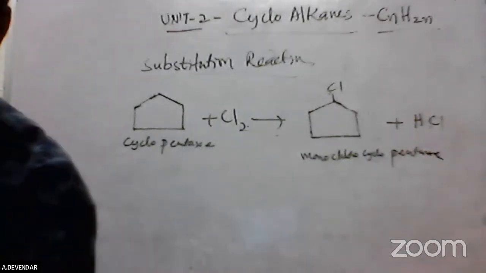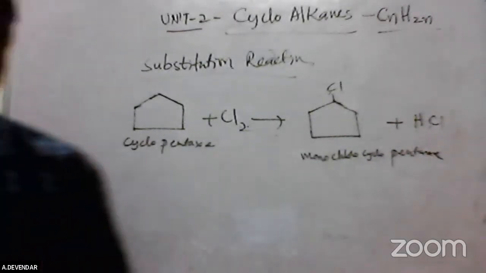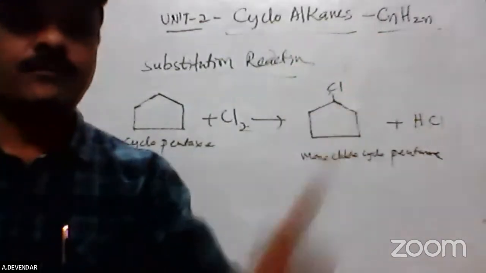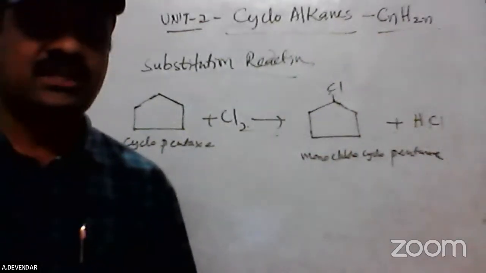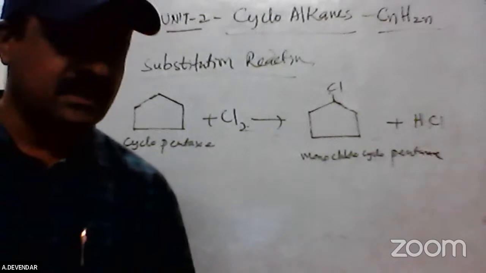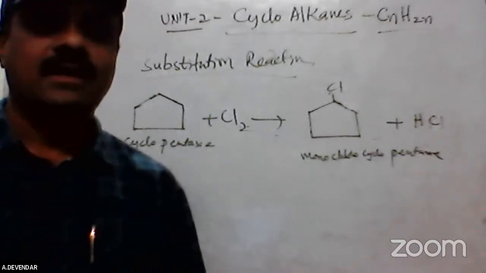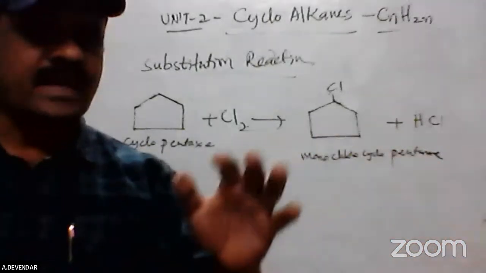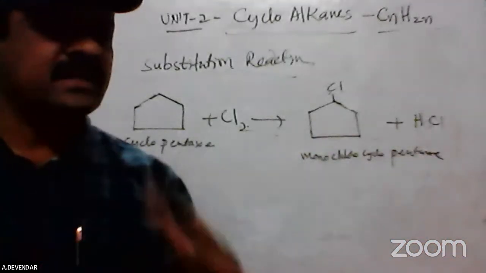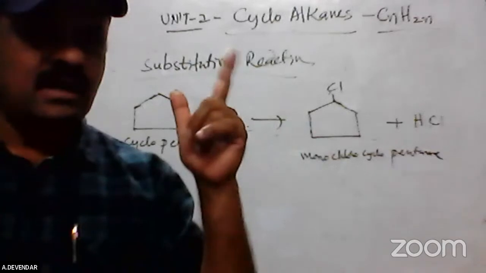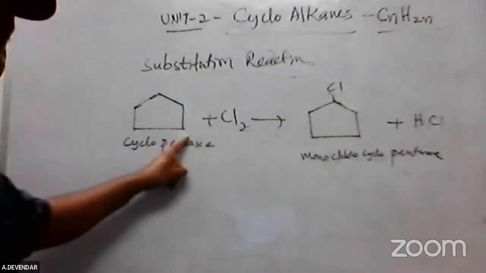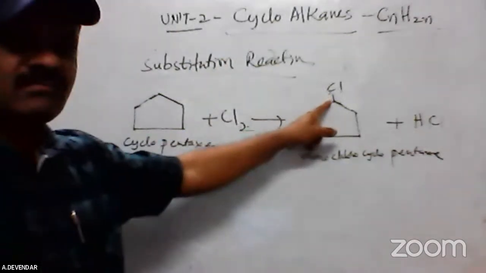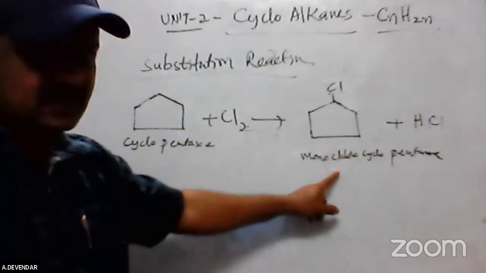What did you observe by means of this reaction? Please, if you see the previous reactions, halogenation with the cycloalkane, that means cyclopropane, cyclobutane, the closed form is open, but the cyclopentane and cyclohexane do not react with that one. But during the substitution reaction, it is substituted as a monochloro substituent.